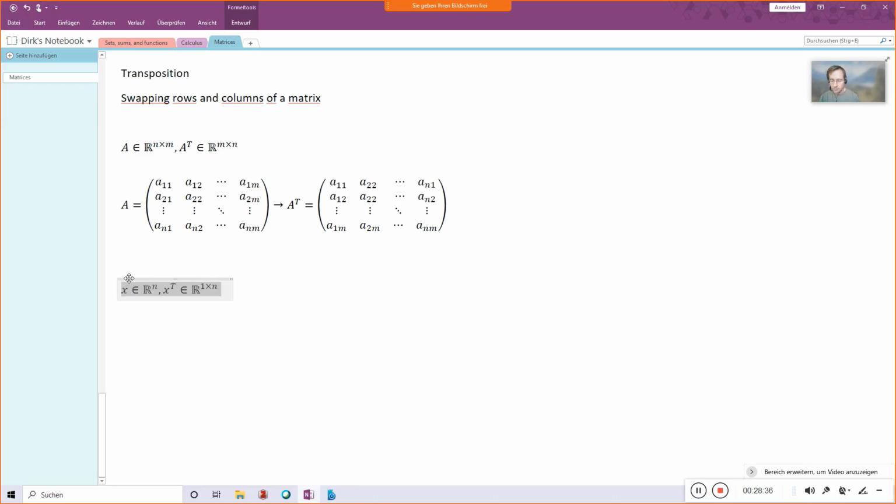And if you have a scalar, which often happens in some calculations, then the transpose of this is the same scalar. So nothing happens if you transpose a scalar. It just remains the same. If you transpose a column vector, you get a row vector, and if you transpose a row vector, you get a column vector. Okay, questions about transposition?